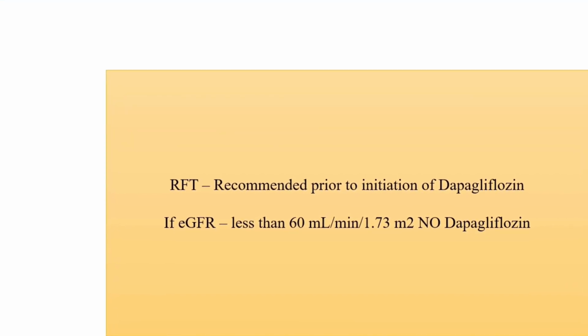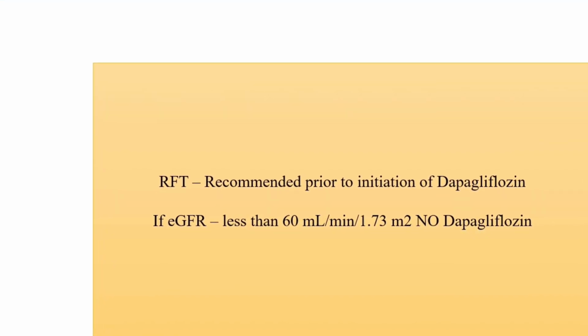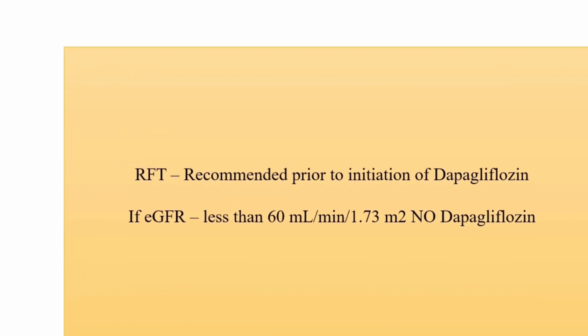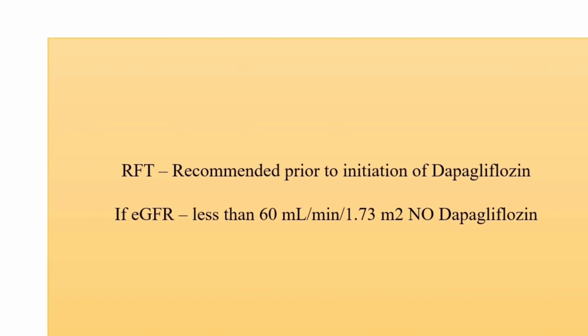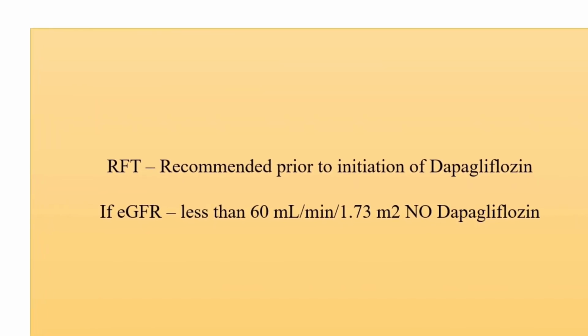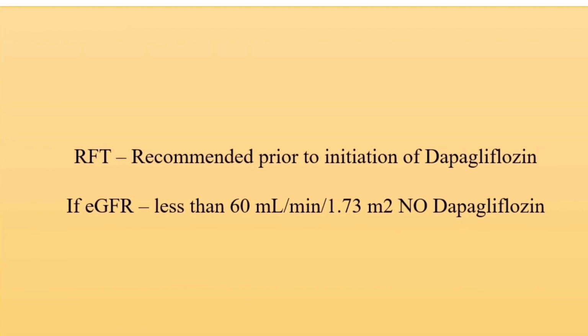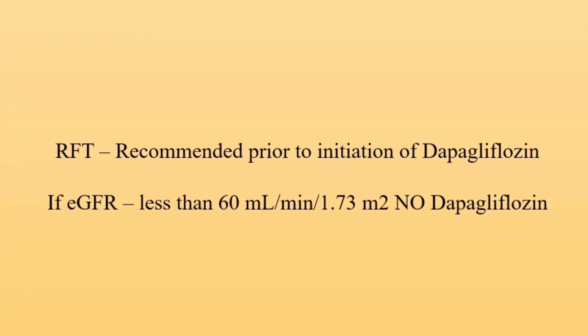Means dapagliflozin is not recommended in patients with severe renal impairment or disturbed renal function, that is kidney function. Hence, before starting, you have to go for the renal function test.